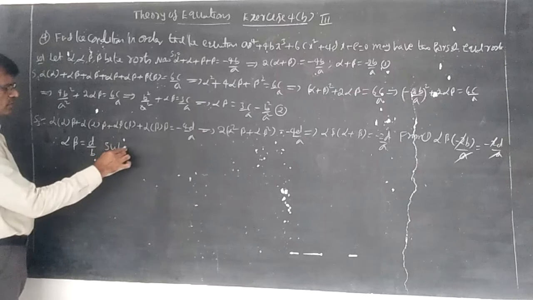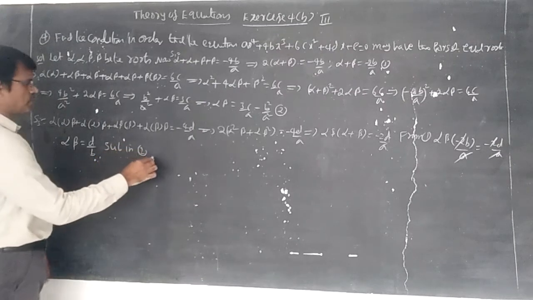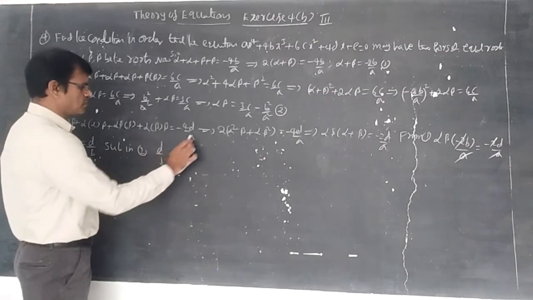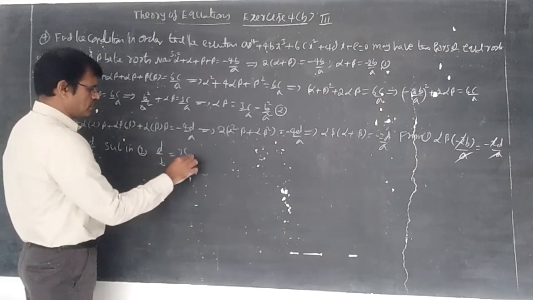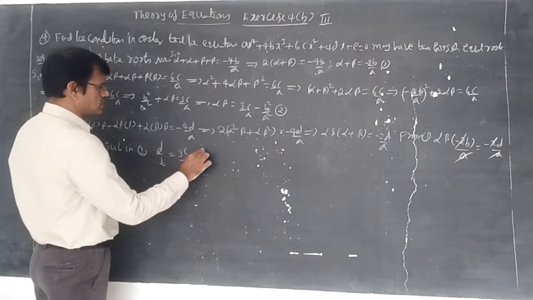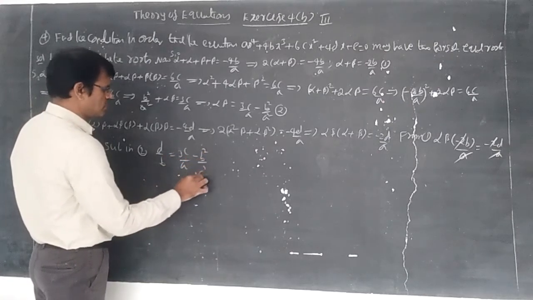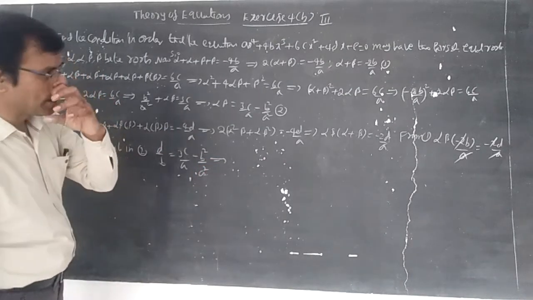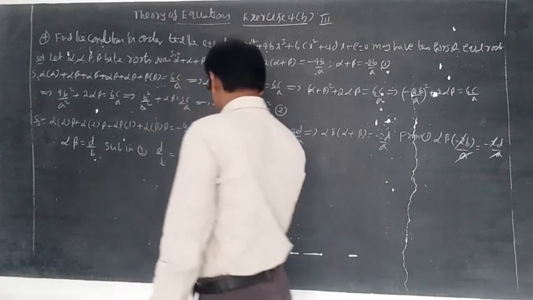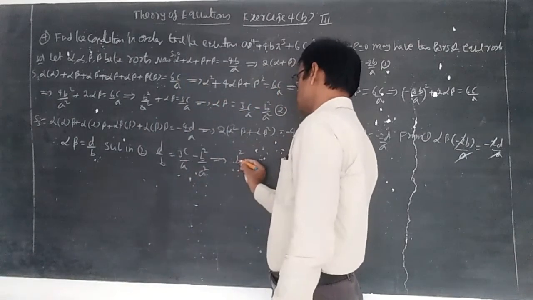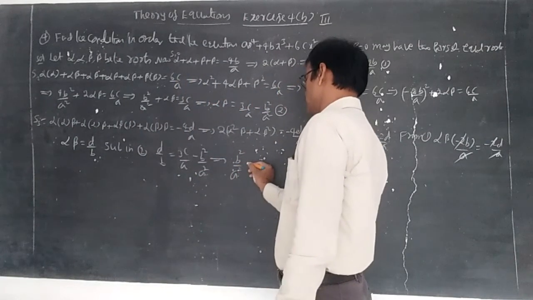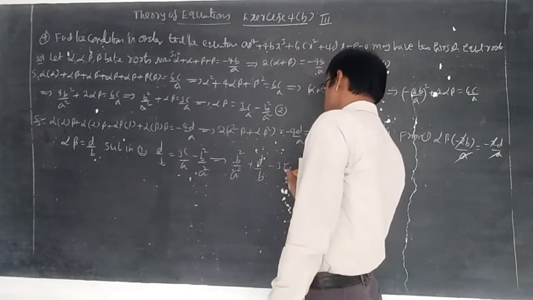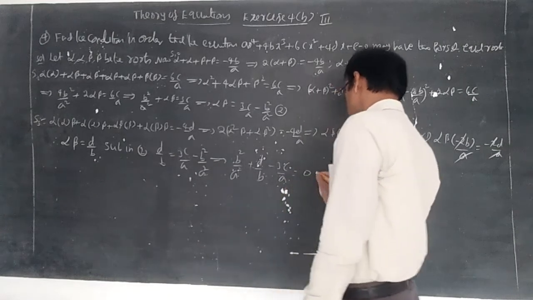Substituting into equation 2, d by b is equal to 3c by a minus b square by a square. Taking b square by a square across, it becomes b square by a square plus d by b minus 3c by a is equal to 0.